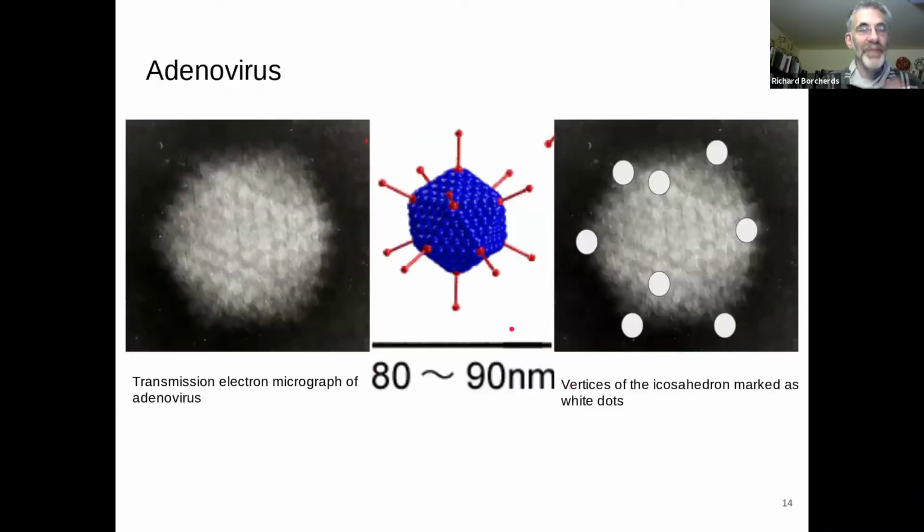So here's an actual electron micrograph of a virus, if you don't believe it has icosahedral symmetry. On the left is the actual virus. It's not entirely obvious that this is an icosahedron because it's a bit fuzzy. So on the picture on the right I put a white spot on each vertex of the icosahedron. You can see this vertex, this vertex and this vertex all form a little triangle.